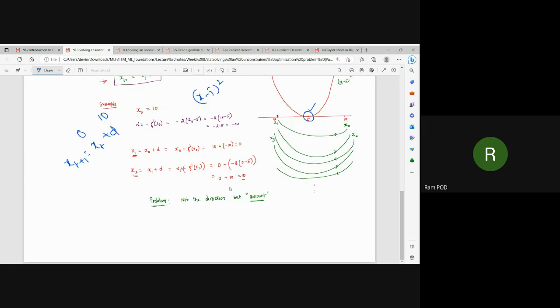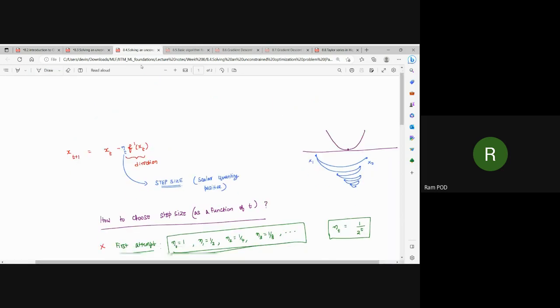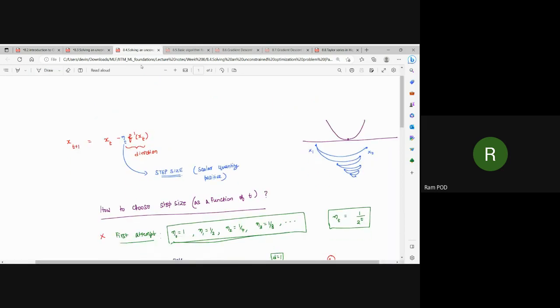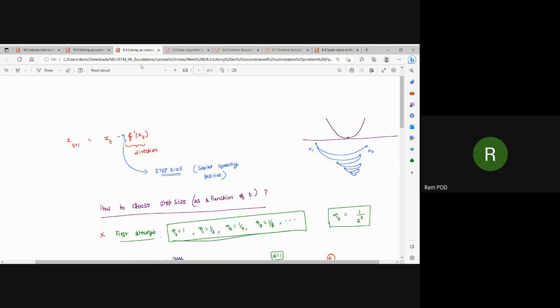The other important thing to keep in mind is that not just the direction is important, but also the amount by which you're moving. It's not just going to be minus f dash of x. You need to reduce it, or do something to ensure that you'll arrive at the solution. So for that, what we do is we introduce this.